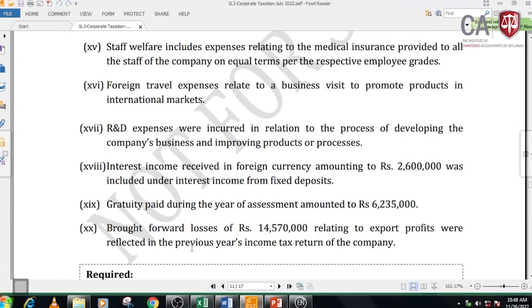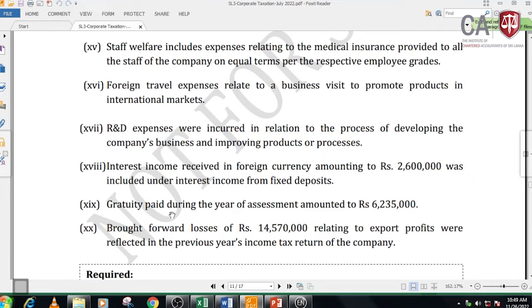In the paper, brought forward losses of rupees 14,570 relating to export profit were reflected in the previous year's income tax return of the company. Now you have to take the business income attributable to the export income and the business income attributable to the manufacturing income.